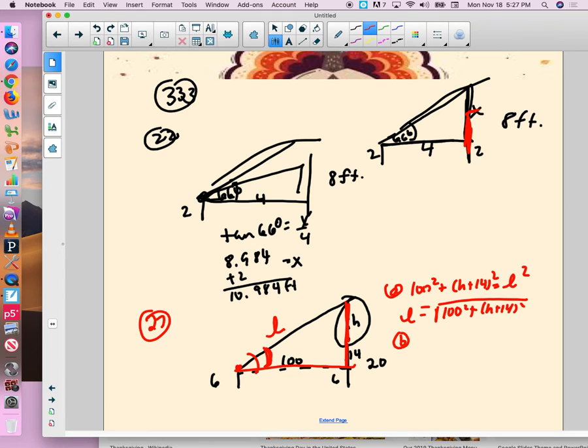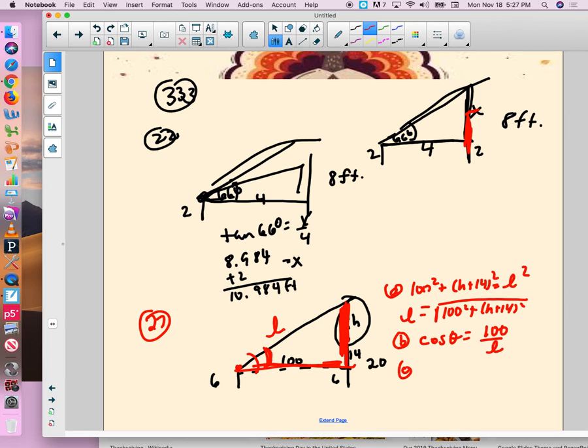There are a few trig words you could use here, but I chose cosine theta because I thought that was the easiest one, adjacent over hypotenuse. You could have used tangent, like tangent is H plus 14 over 100, but cosine was the easiest one to use.